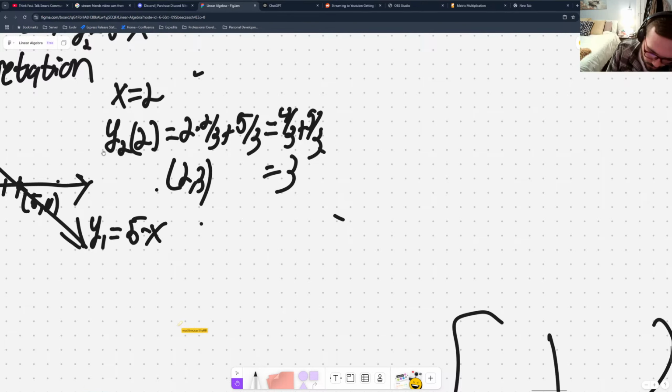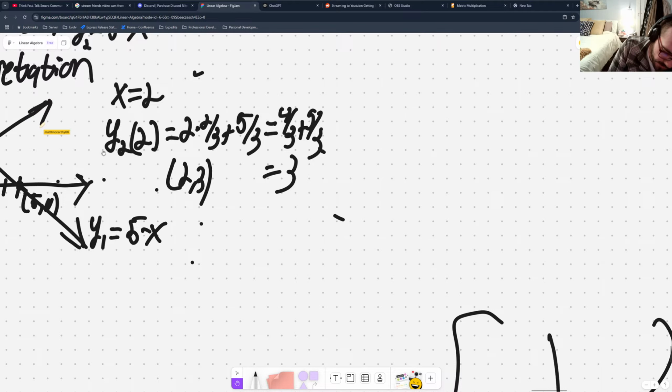Just thinking of one that also works, let's just put 5 over 3 here. So 0, 5 over 3 would be just under 2. And then we would graph this.